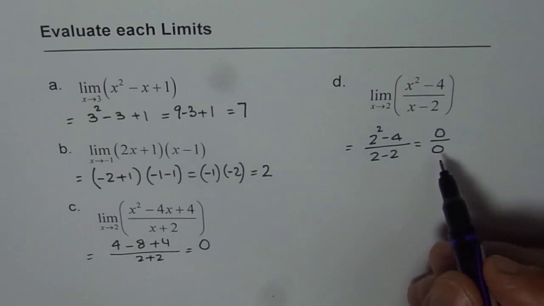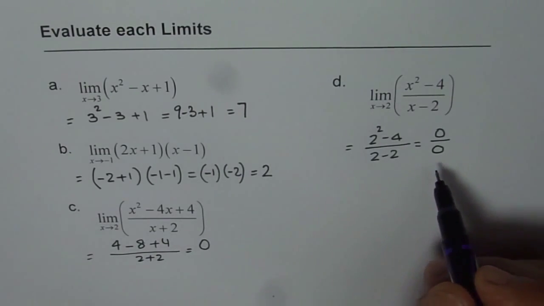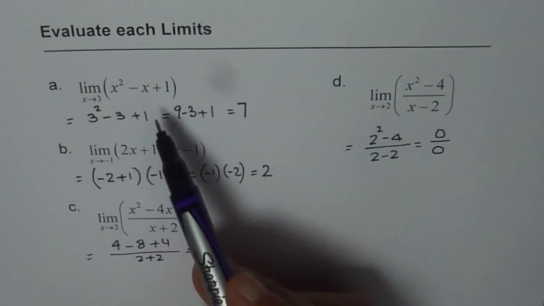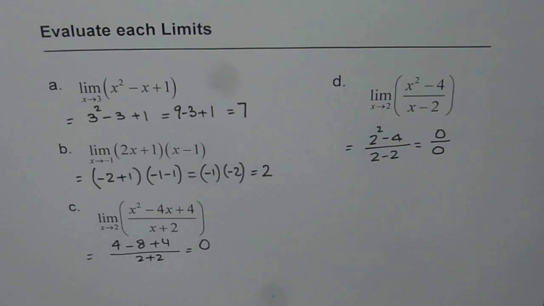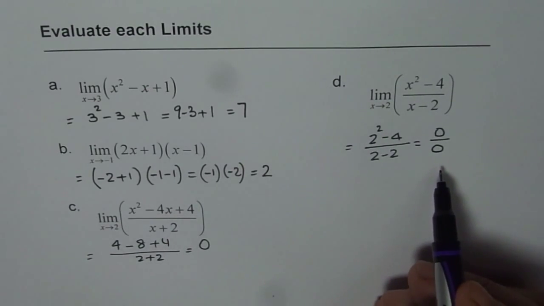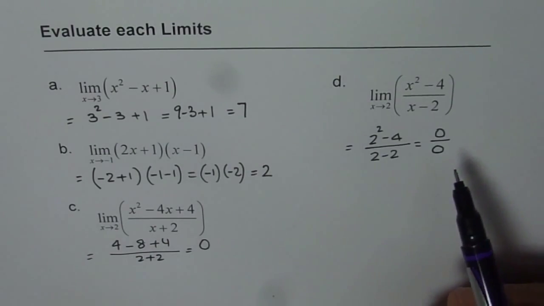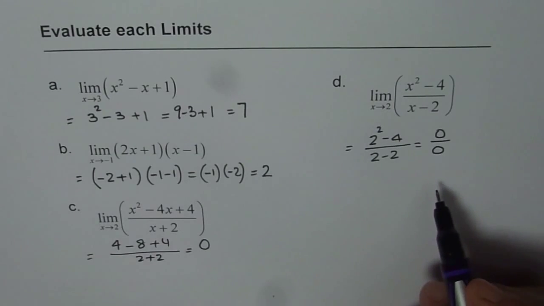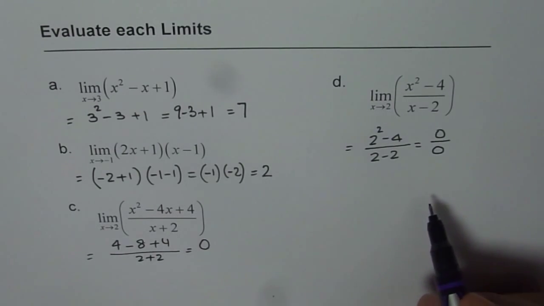So in case the function is continuous at the point where we're trying to find the limit, you can get the answer by substituting. Otherwise, you may follow some techniques. In the coming videos, we will understand what kind of techniques should be applied for a rational function, for functions where we have a square root, or different kinds of functions.